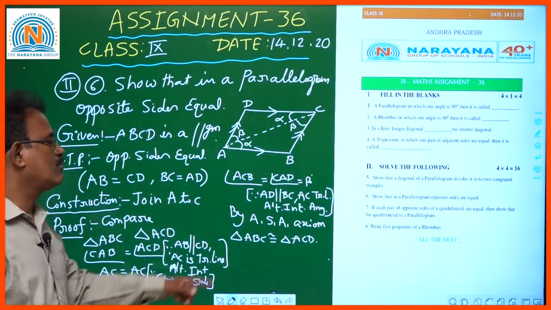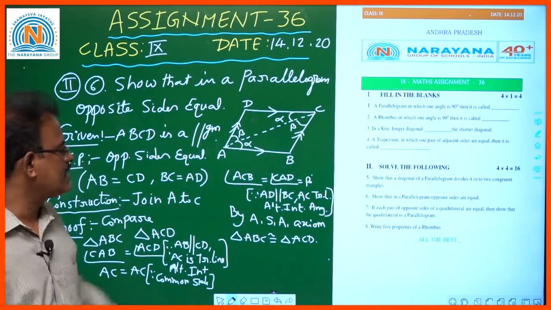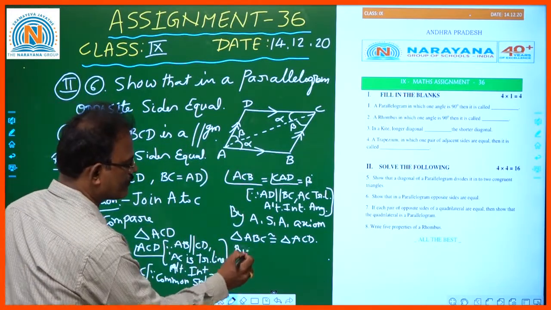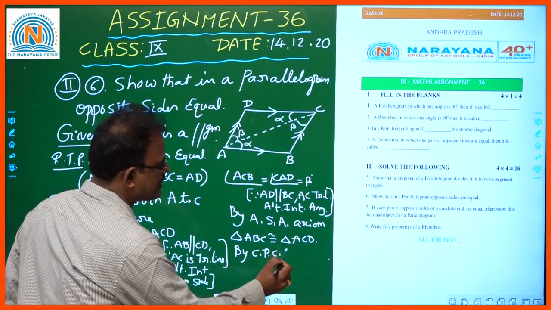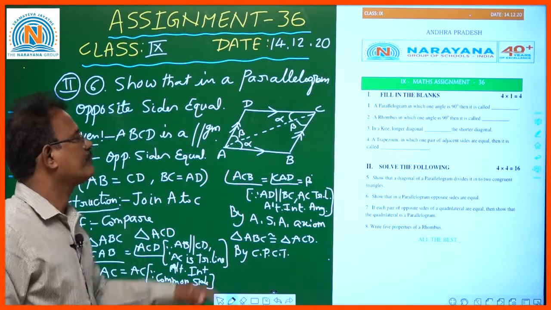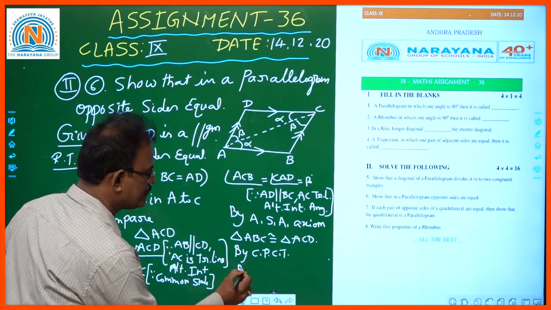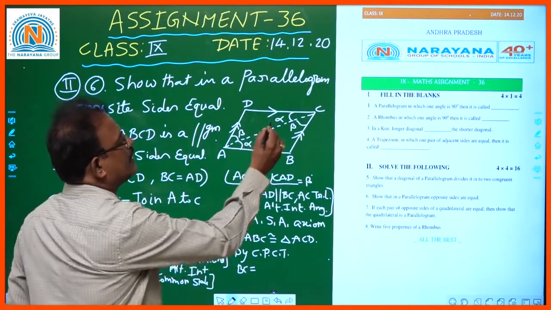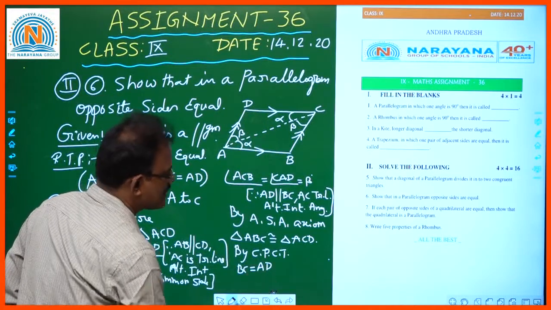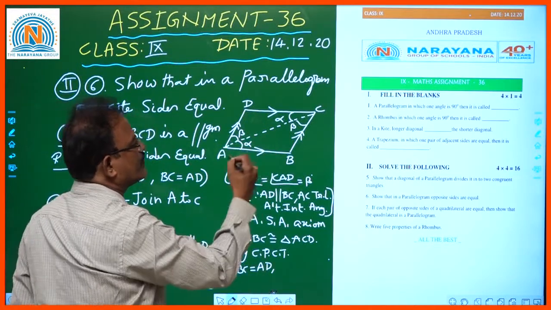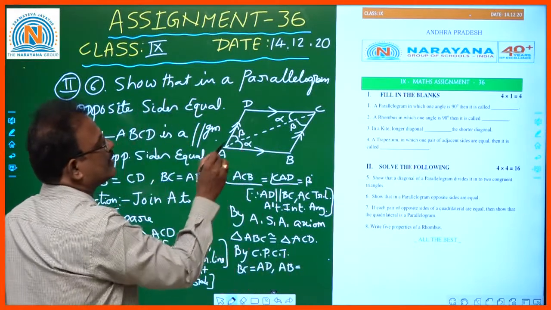Okay, children. So when two triangles are congruent, we can say that by CPCT, corresponding parts in congruent triangles, opposite to alpha BC, here opposite to alpha AD, similarly opposite to beta, here AB, and here CD.